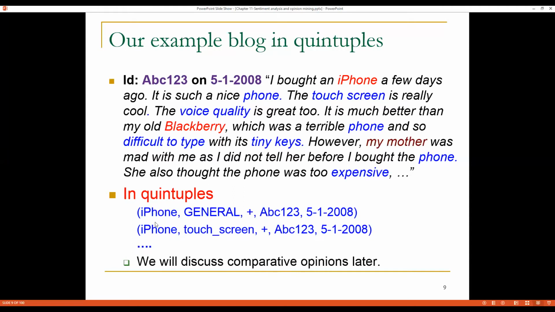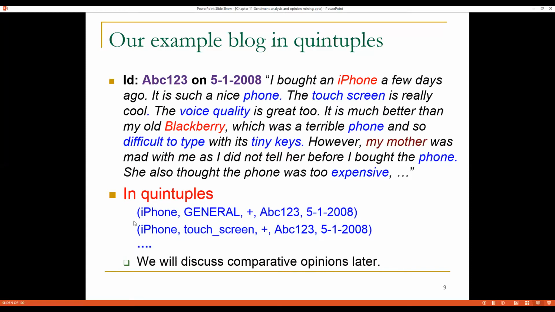If you notice here, it gives the entity as the iPhone, and because the first sentence, "it is such a nice phone," is talking about the phone, not exactly an aspect, they just use the term general here. It's nice, so it's of course positive. Then the holder is ABC123, and the time is 5/1/2008.